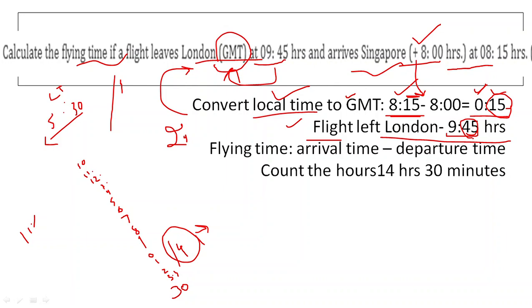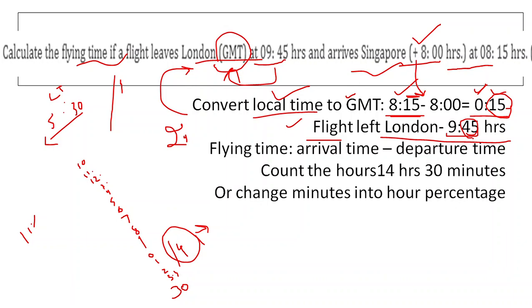So you will have to convert them into decimal, changing minutes into a fraction of hours. With 2 decimal points, it is 100, it is percentage. So you convert 0.15.